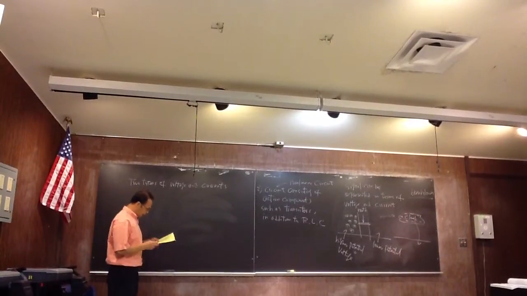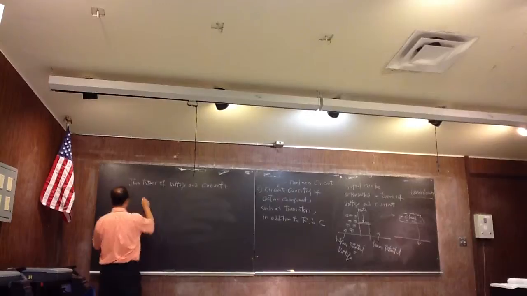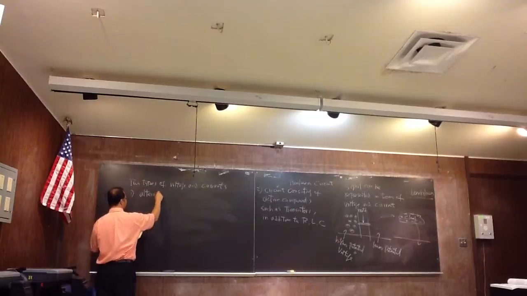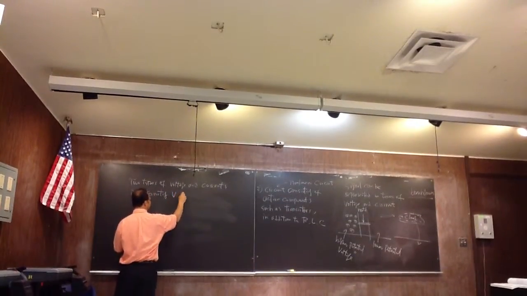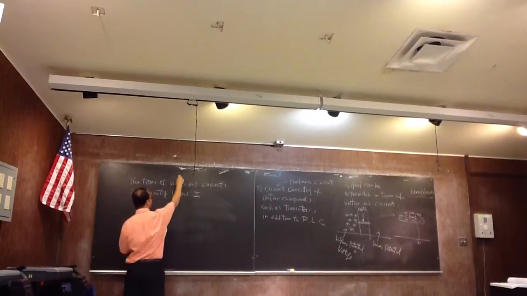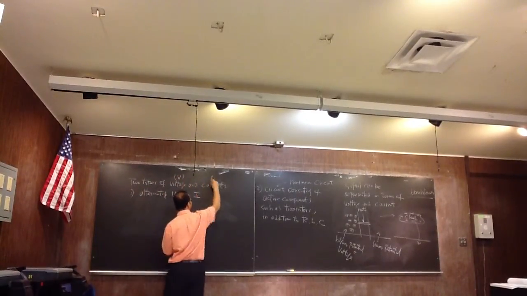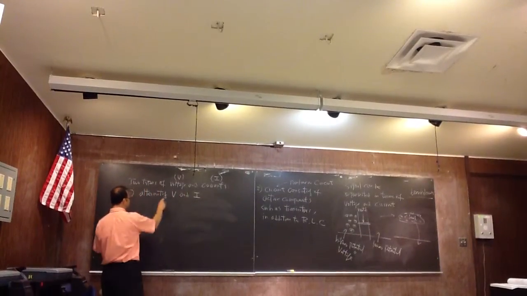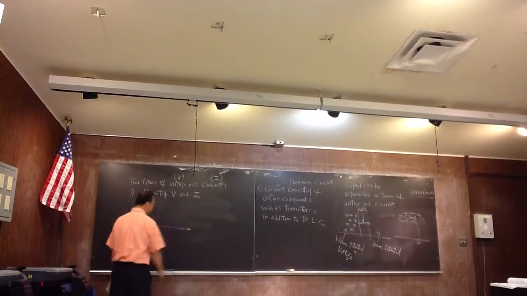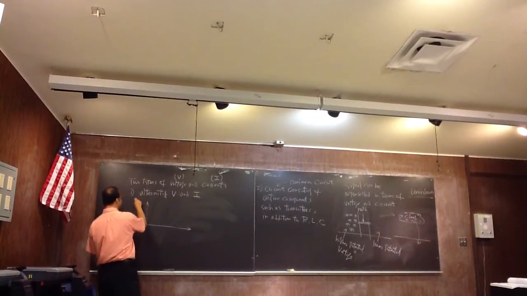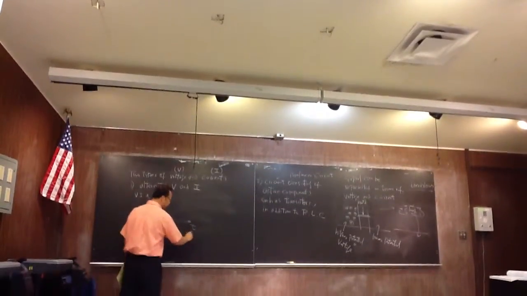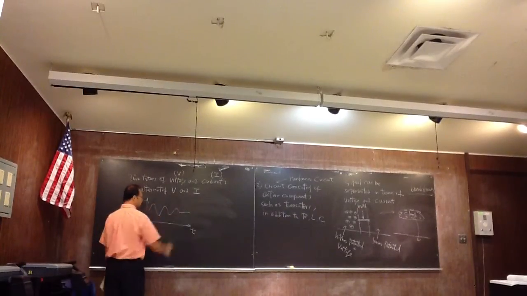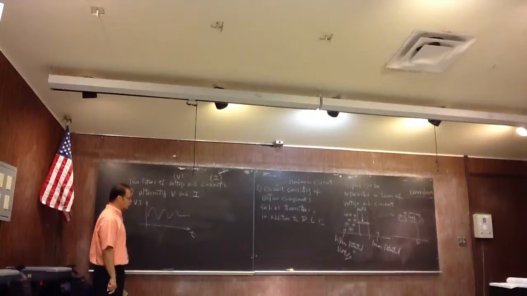The first type is called alternating V and I. Voltage we normally call capital V, and current we normally call capital I. For this type of voltage and current, if you look at the waveforms of the voltage and the current versus time, they are changing with respect to time.